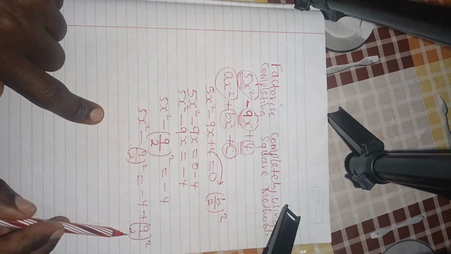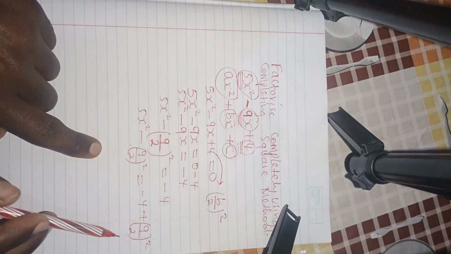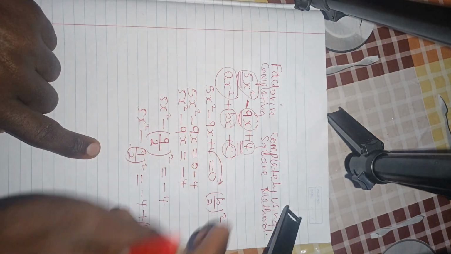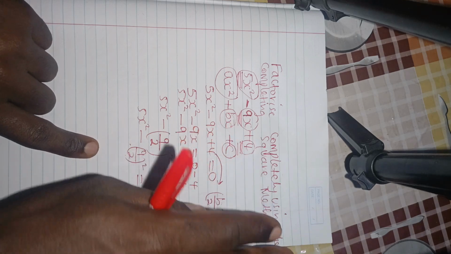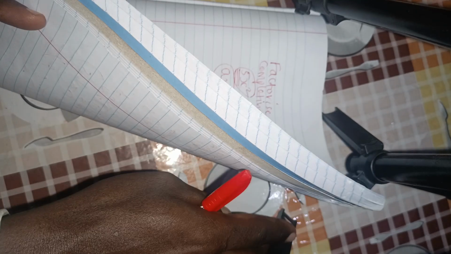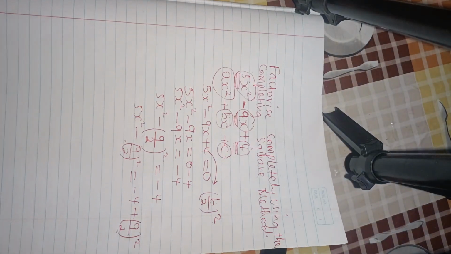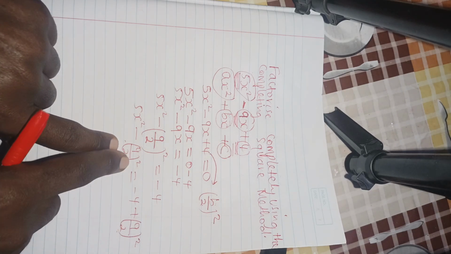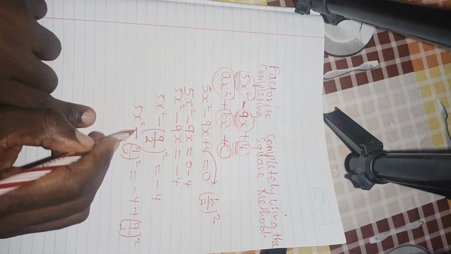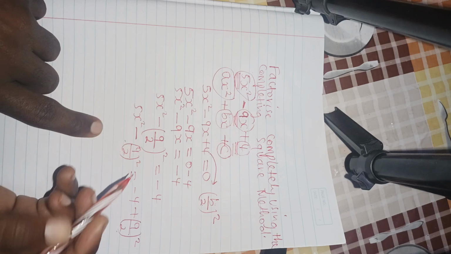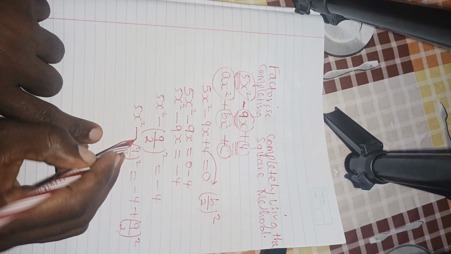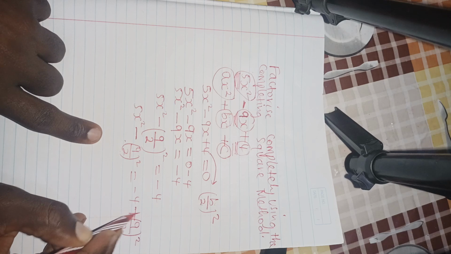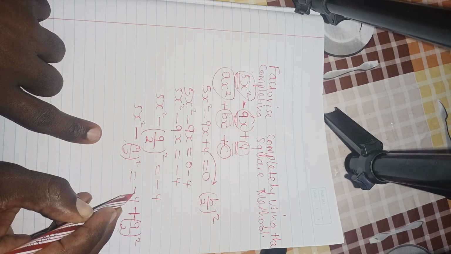We are completing the square, so we do the same thing we did on this side. Whatever we did on this side is also done on this side to ensure that you have completed the square. Regardless of this sign, please ensure that you are completing the square by adding, not minusing.